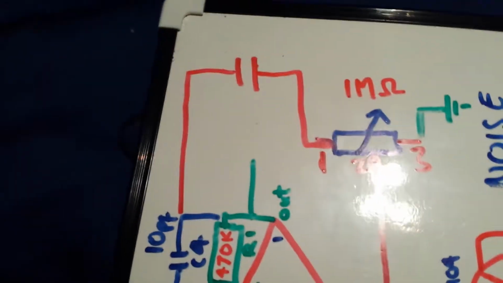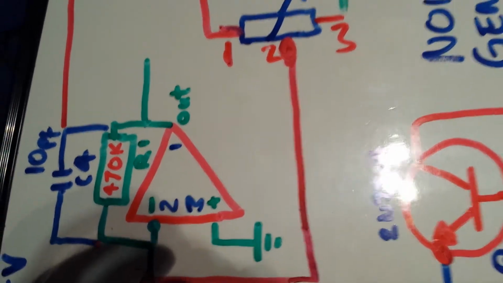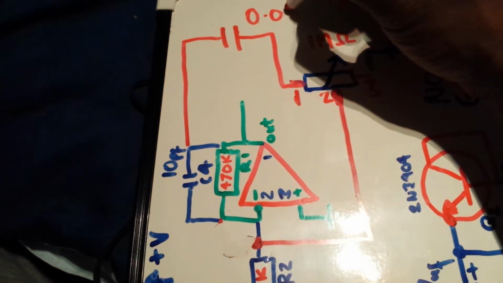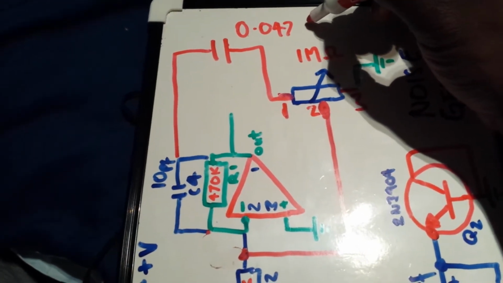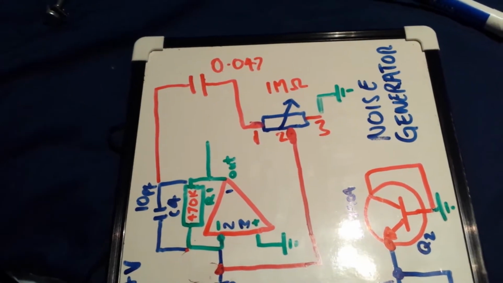Now you can change your values on this one depending on what you want. I went for a 0.047, which is, I think, 47 nanofarads.